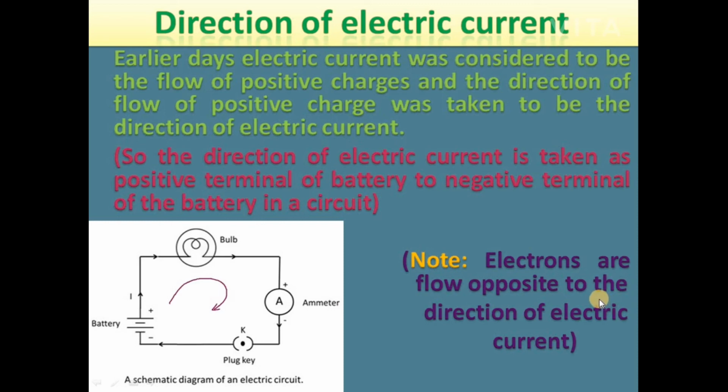The direction of positive charges is considered, that means positive of the battery to the negative of the battery. If the direction of electric current is positive to negative, then the flow of electrons is negative to positive of the battery. Okay, remember.